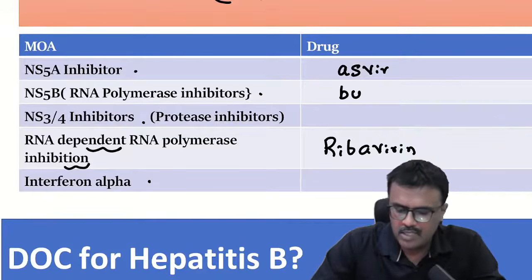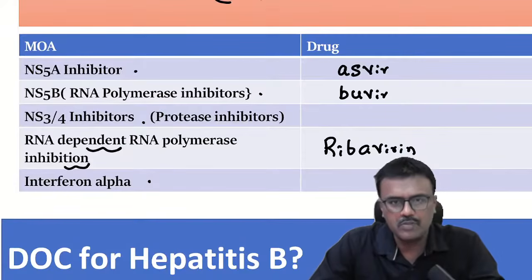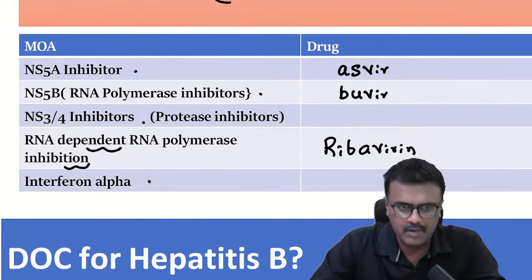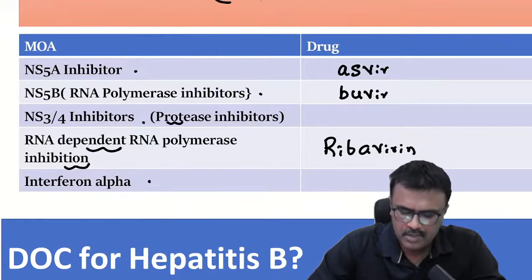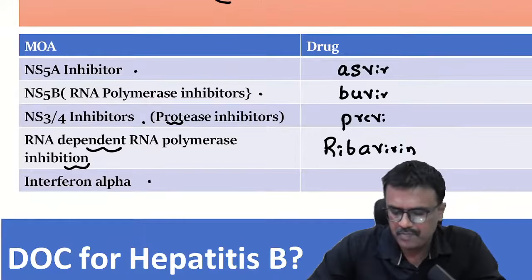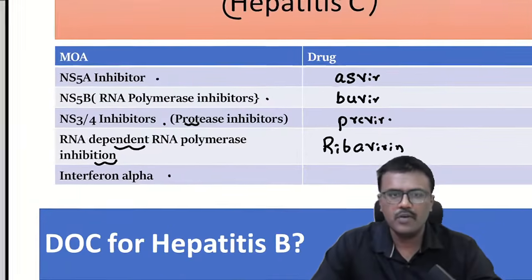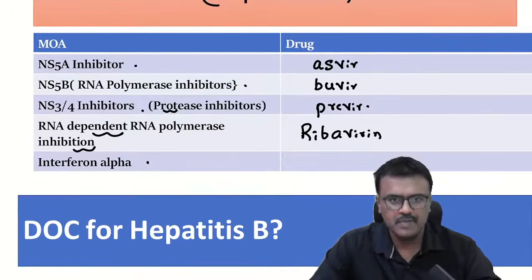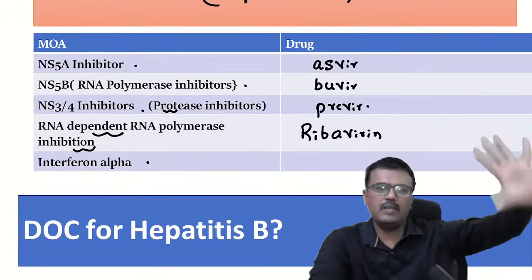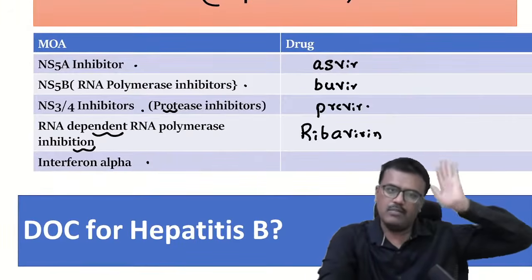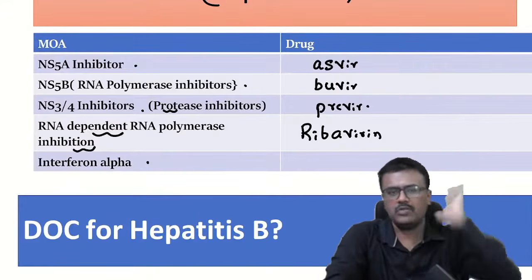NS5B inhibitors end with -buvir: sofosbuvir, dasabuvir. Then NS3/4A, that is protease inhibitors, they end with -previr. So this is how you can identify them in the exam by the drug name, because NS5A has 5 drugs, NS5B has 5 to 6 drugs, and -previr has so many drugs.